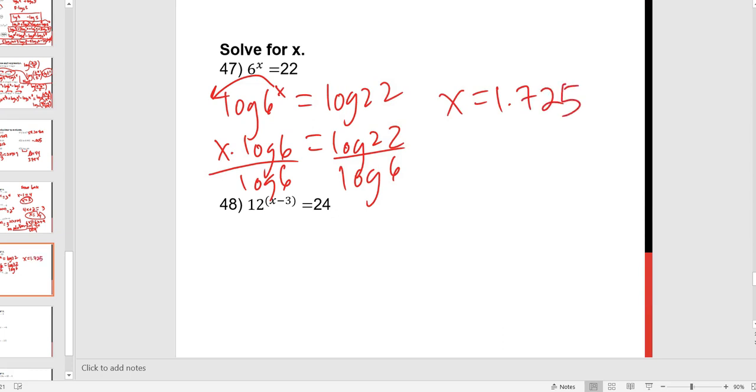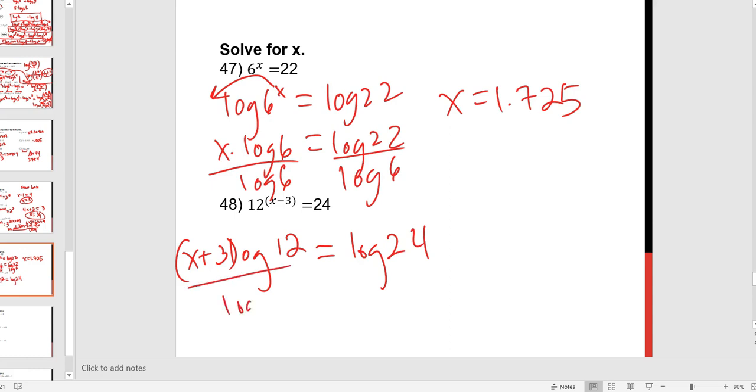12 to the x plus 3. Once again, I'm going to log both sides so that the x plus 3 can travel to the front. I'll have log of 24 on this side. We're going to divide by the log of 12. Log of 24 divided by log of 12 is not 2, so don't do that. They don't cancel like that. If your calculator doesn't handle this, you're going to have to make some decimals. But now I have that x plus 3 is equal to this mess.